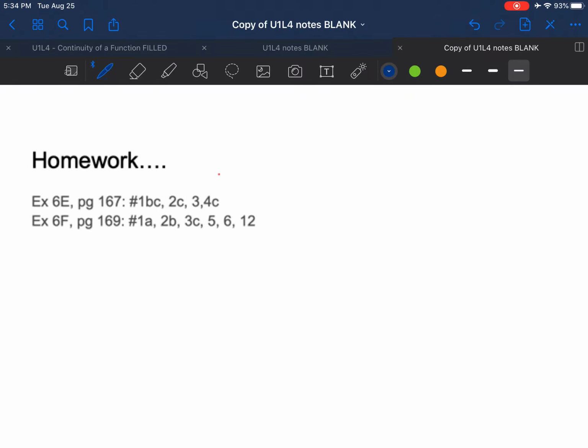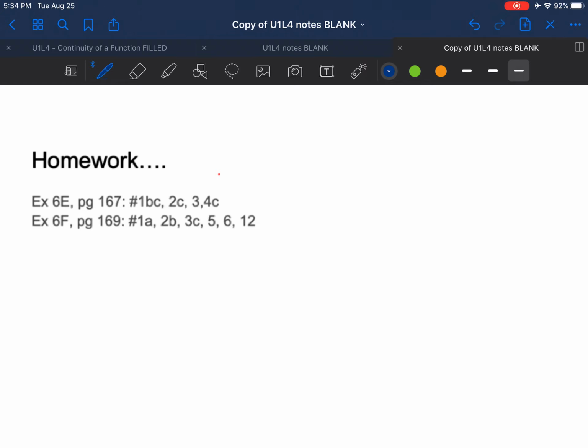Okay, finally, that's it, guys. Oh, last thing. And this will be on the filled in notes, and this is also, I believe, on the unit plan, but why not correct it if we're here? This homework is not right. We changed the homework.